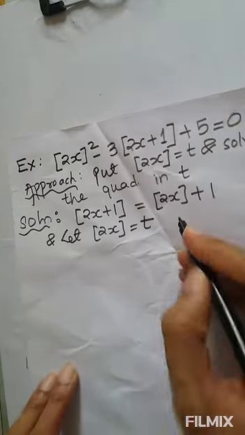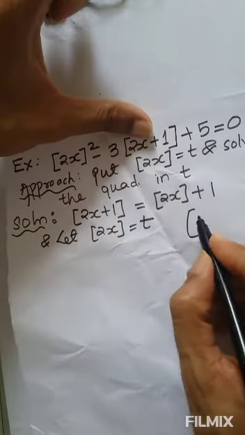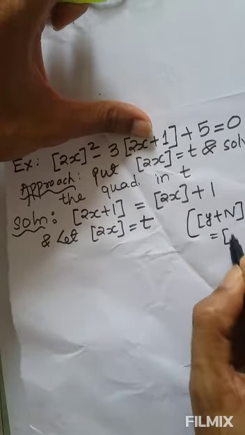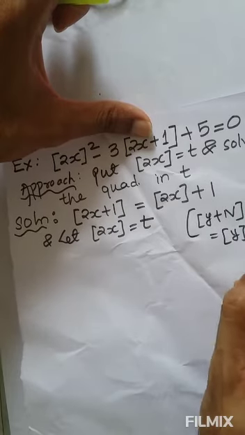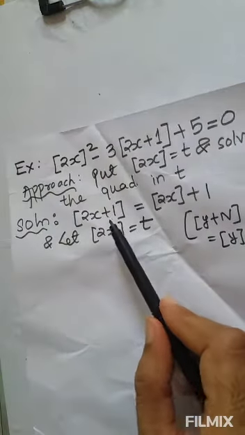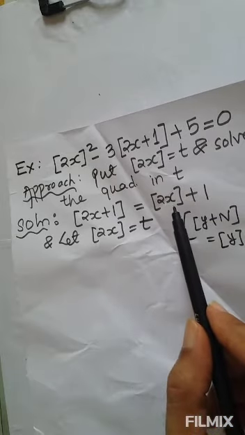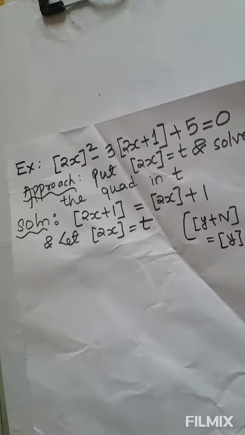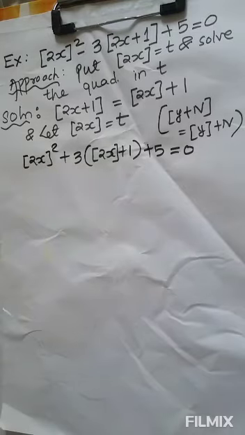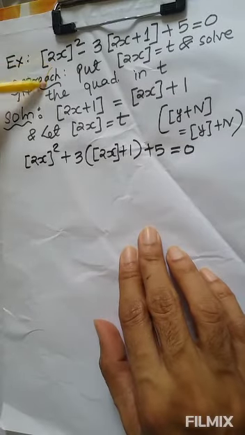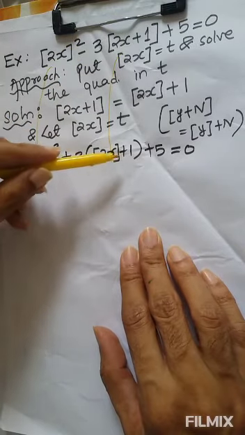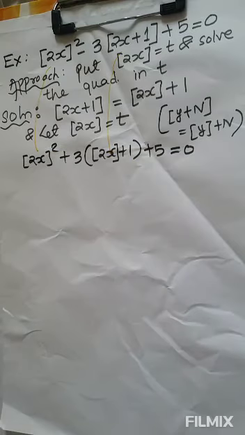Using the property that greatest integer of y plus n is greatest integer y plus n, where n is any integer, we can write greatest integer of 2x plus 1 as greatest integer 2x plus 1, and then we will assume greatest integer 2x equals t. So this can be written as greatest integer 2x plus 1 plus 5 equals 0. Now we will put this as t.